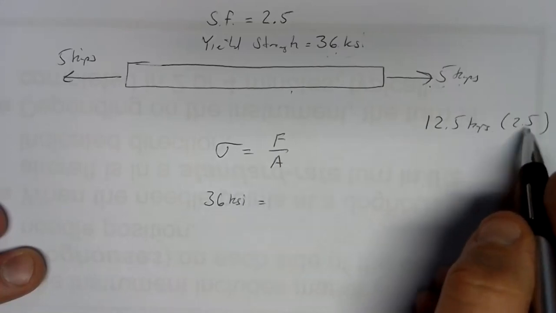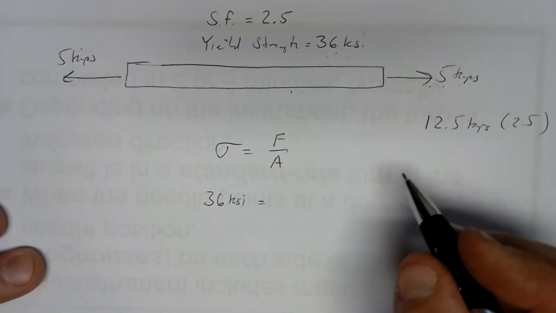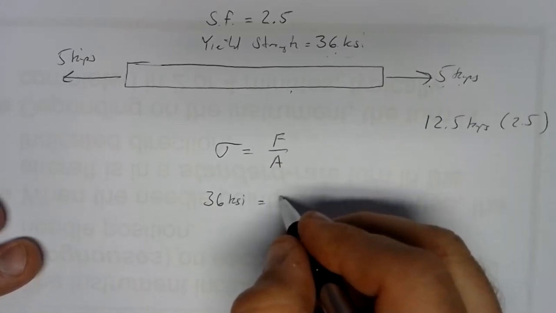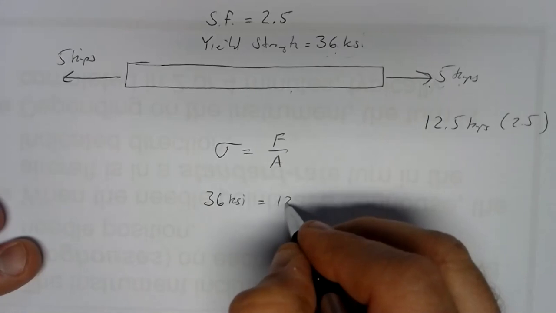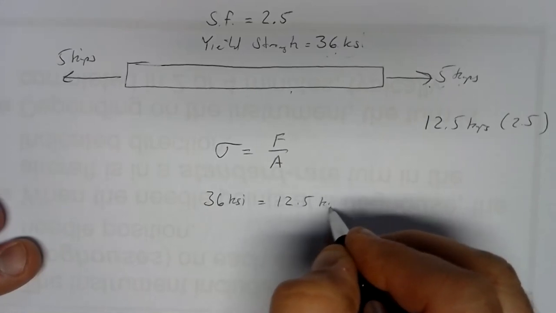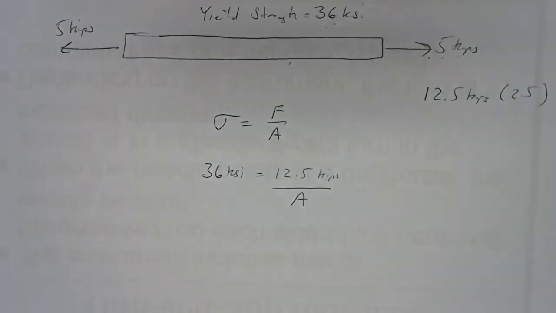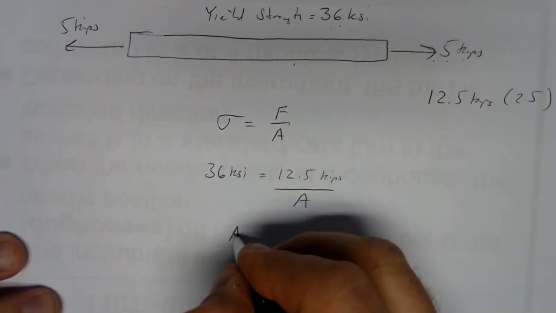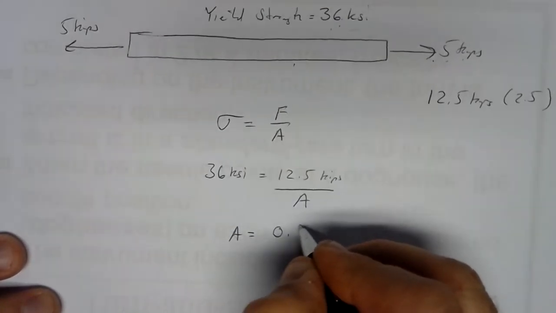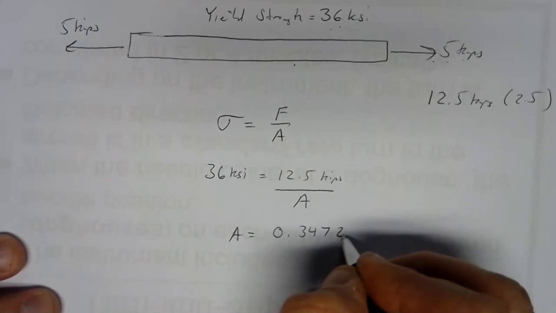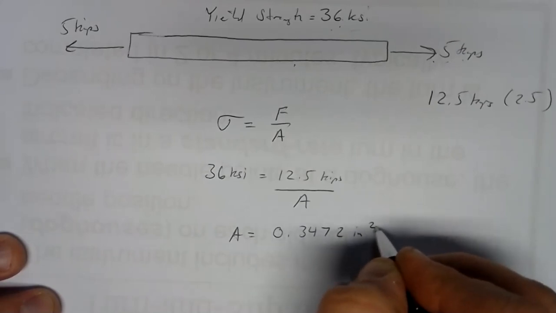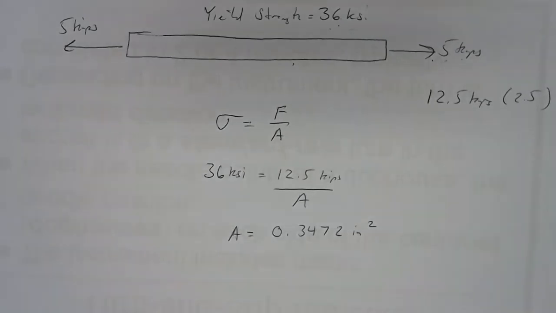And our force we're pretending is 2.5 times bigger than what we really expected and calculate it to be. So we say 12.5 kips of force divided by the area. So we'd cross multiply and solve that. We'd end up dividing 12.5 by 36. And we get an area of 0.3472 square inches.